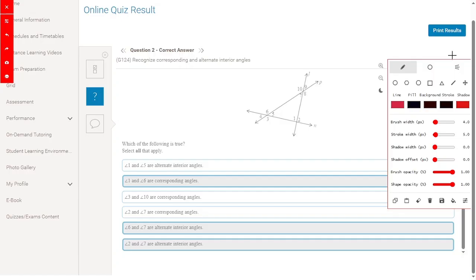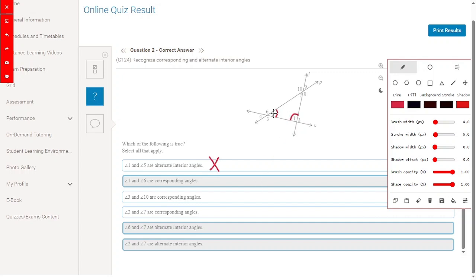Okay. For this figure, we have 3 lines intersecting each other. Let's see which of the following is true. Select all that apply. Angle 1 and angle 5 are alternate interior angles. No, it's not alternate interior angles.